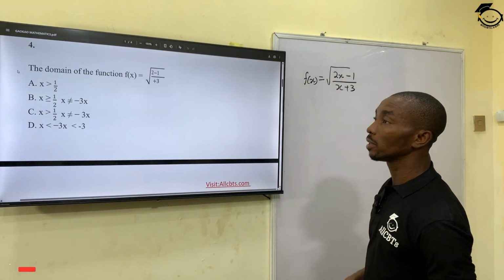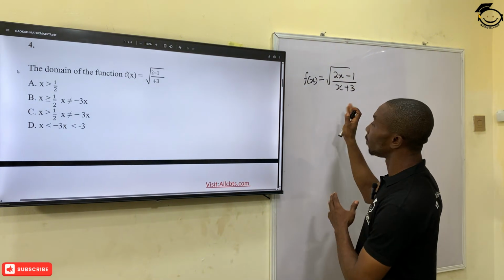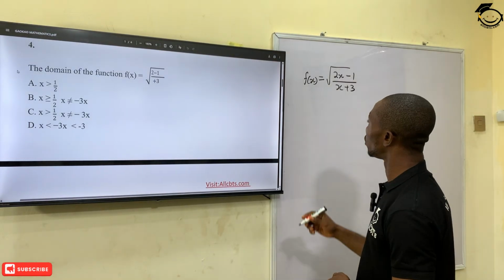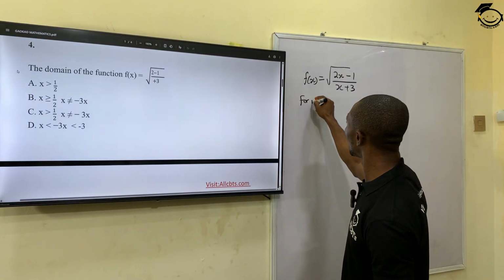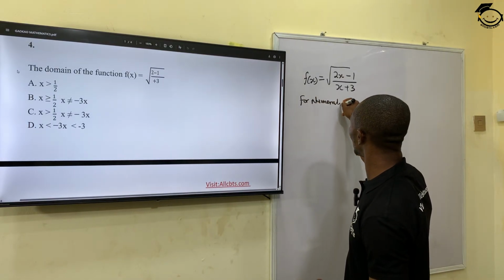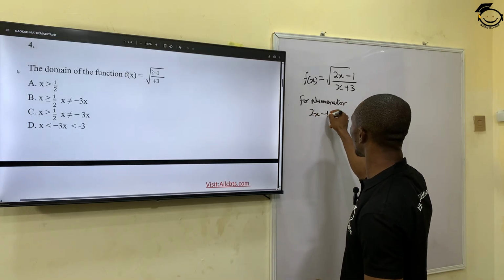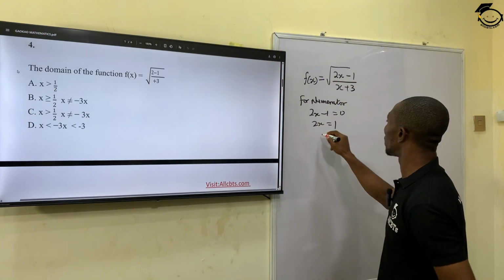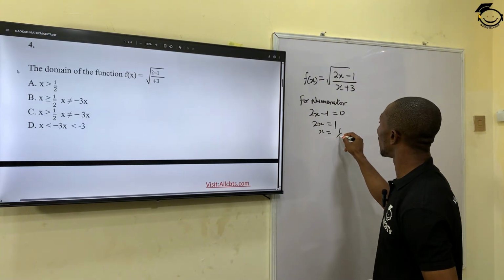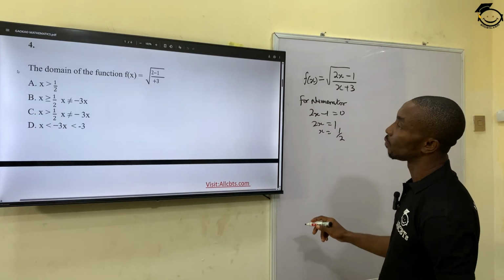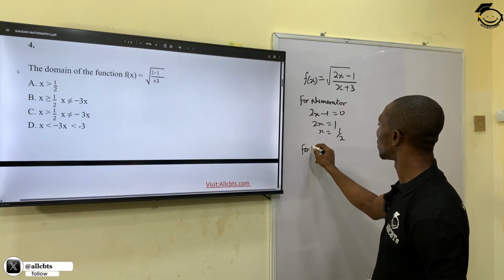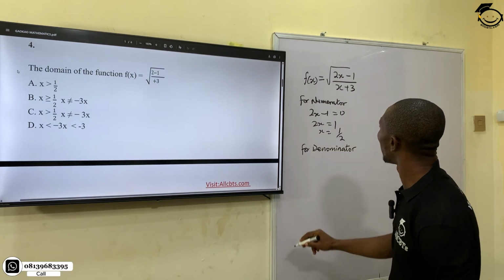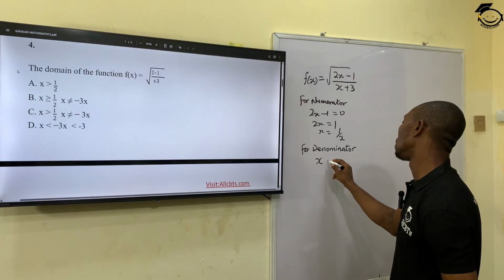Now, for us to find the domain of this, we are going to equate both our numerator and the denominator to 0. So for the numerator, 2x minus 1 equals 0. So this gives us 2x equals 1, so x equals 1 over 2. Alright? Now, for the denominator, we have x plus 3.